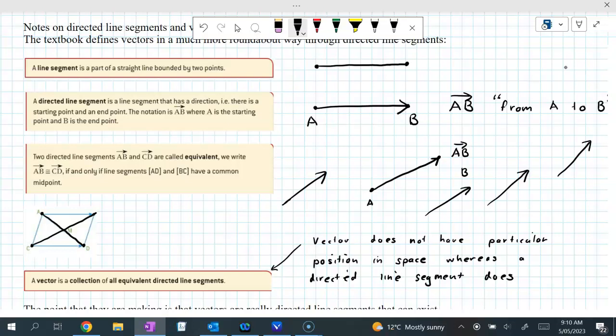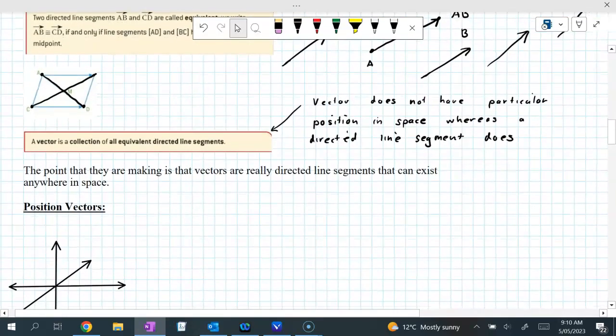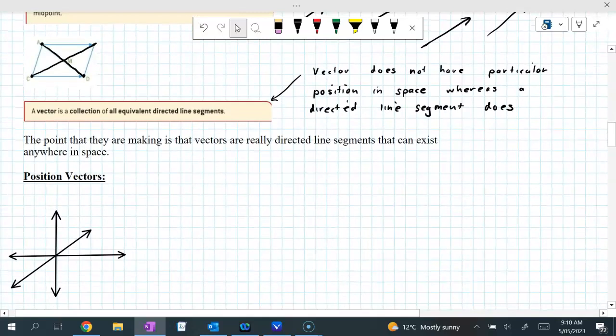While the directed line segment AB is just this one here, all of these that are going in the same direction with the same length are all the same vector. Okay, don't worry too much about that. That's not a key thing, but I did want to just explain why the textbook went in a different way.